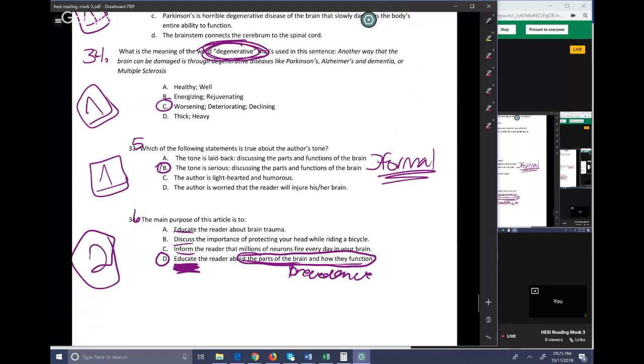So it's better to say educate, even though that's not a passage type, and then say about the parts and their function, than it is to say, oh, we got inform in there and that's a good passage type, but it's not to inform you just about the fact that millions of neurons fire. That's a very big understatement of what their purpose was.